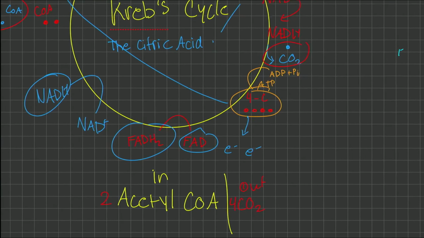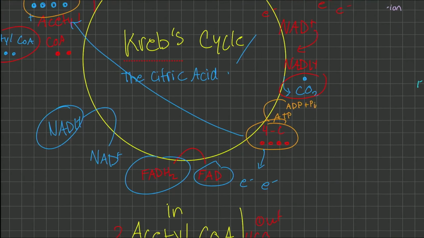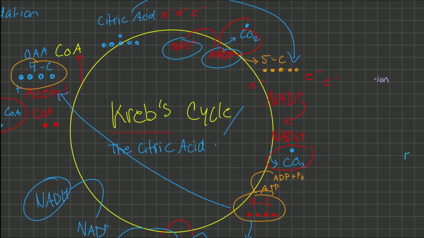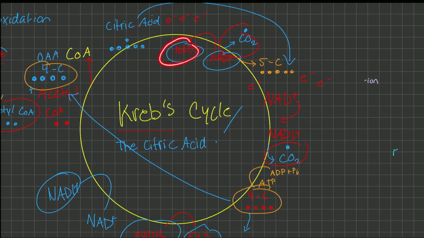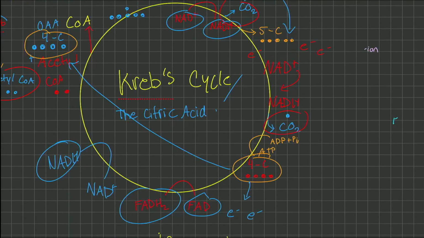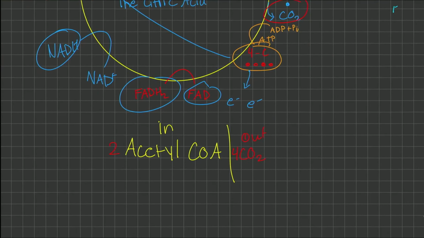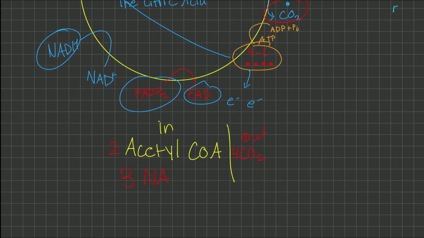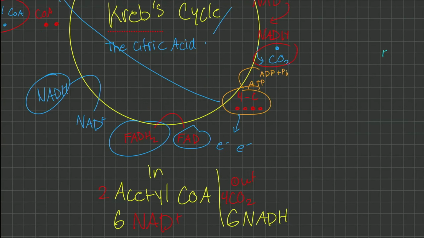In terms of our input, let's look at the NADHs created. We're inputting NAD plus over here, and NAD plus. So we have 3 initial NAD plus that we're putting in. What's outputted is going to be 3 NADH. But again, remember that this happens 2 times, so we're actually going to have 6 NAD plus turning into 6 NADH.